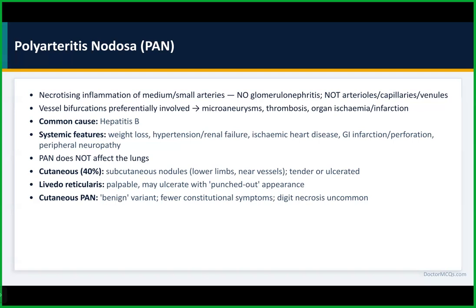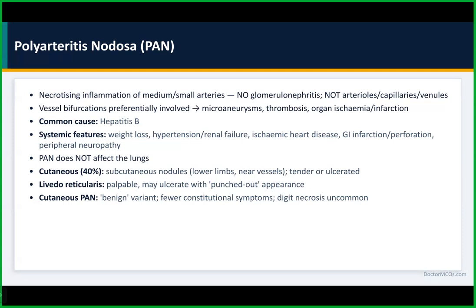The most important cause in this condition is hepatitis B. Like in cryoglobulinemia, where we suspect HCV as an underlying cause, in PAN it will be hepatitis B. Systemic features again include weight loss, hypertension or renal effects, ischemic heart disease, and GI involvement.